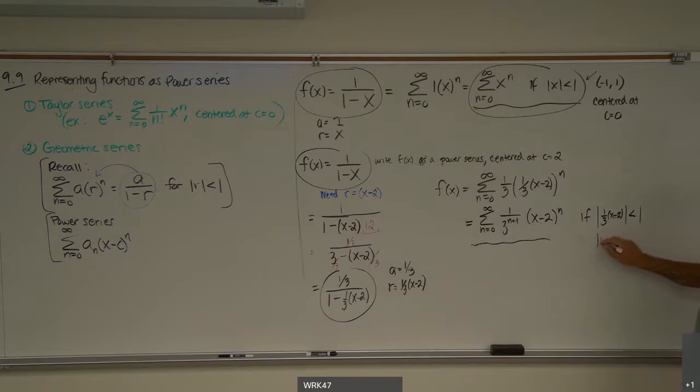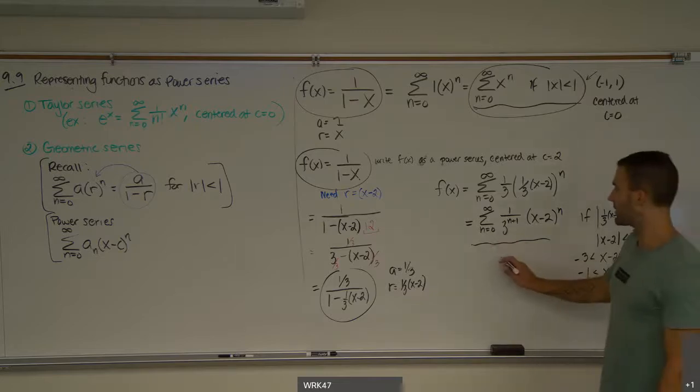Well, if I multiply both sides by 3, we get this. And so this tells me how far away I can move from 2. Remember from the interval of convergence of power series, it says 3 units. So we get x minus 2 less than 3 or bigger than negative 3. So that tells me we can go up to 5 and down to negative 1.